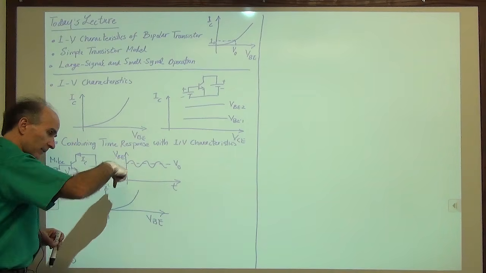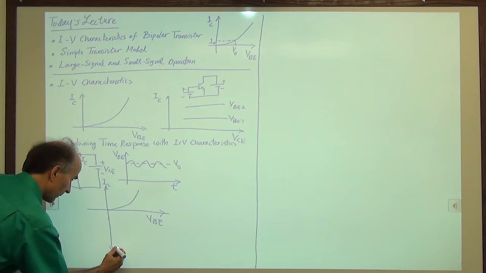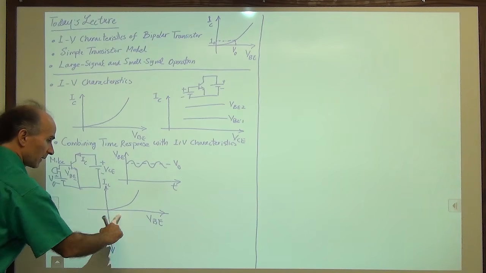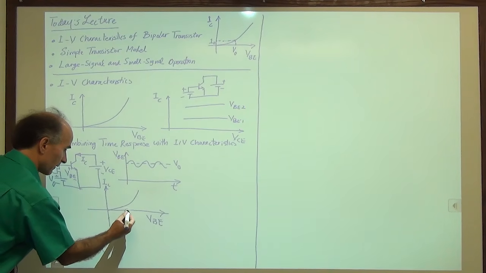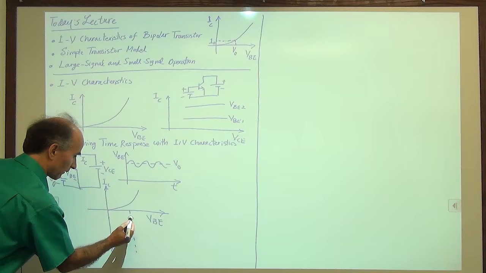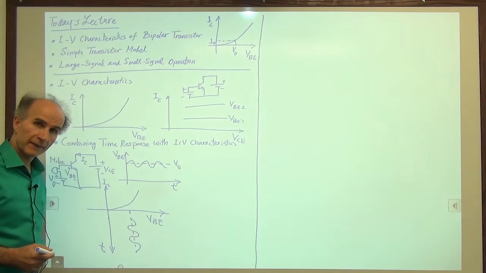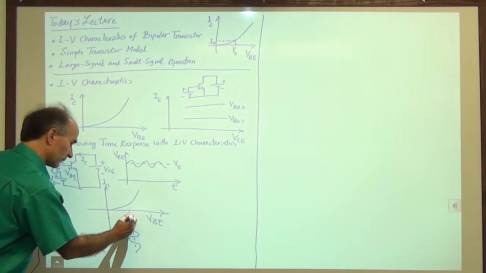And this time axis is pointing downward. So here's the time axis, here's the VBE axis, and this is here. So we have V0, and then around it we have the fluctuations due to the microphone signal. So this amount is V0.